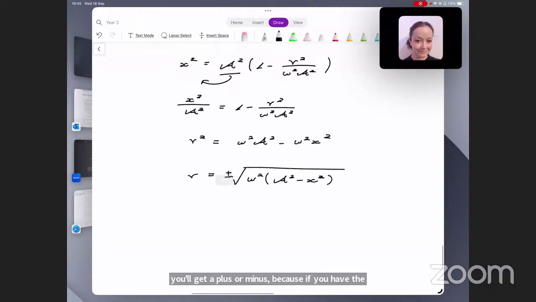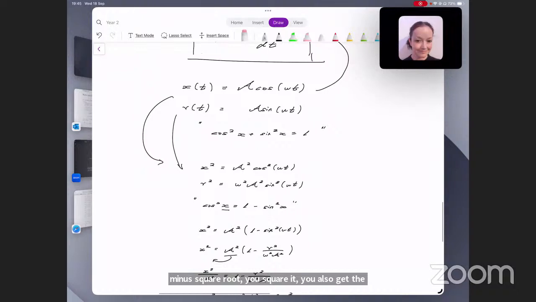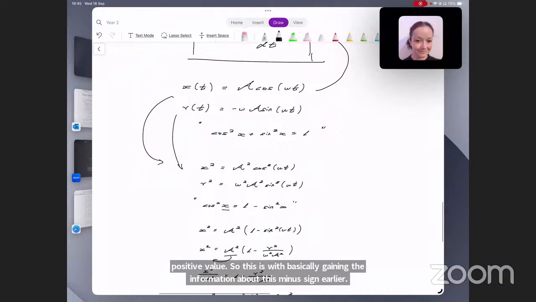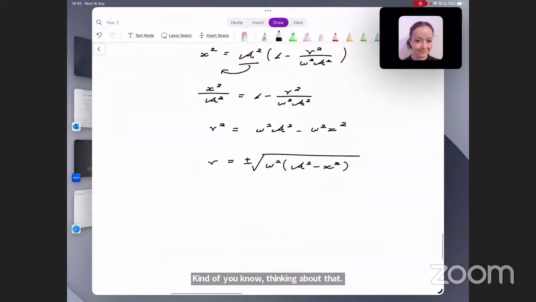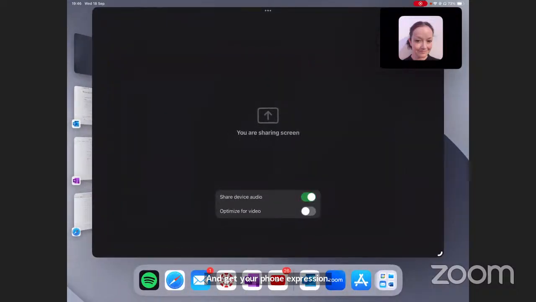So we're basically gaining back the information about the minus sign from earlier. You can simplify it a bit further if you move the omega squared out of the square root and get your final expression. And that is it for me.